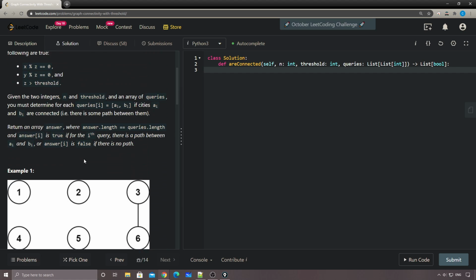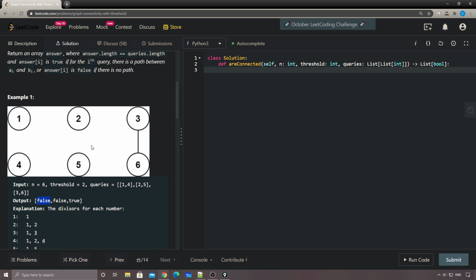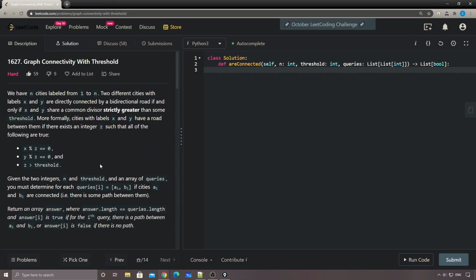So every time you see this kind of graph problem that asks you to check the connectivity, most likely you need to use union find, right? Because union find is a perfect candidate for solving this kind of connectivity problem.